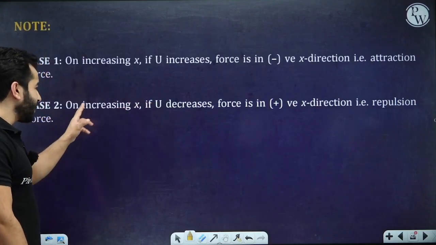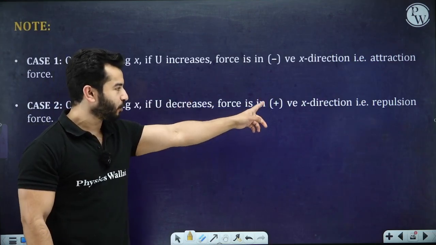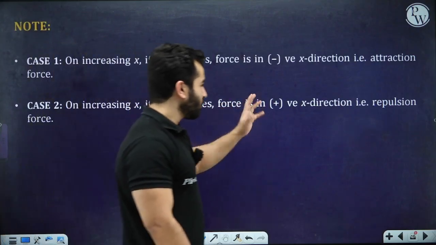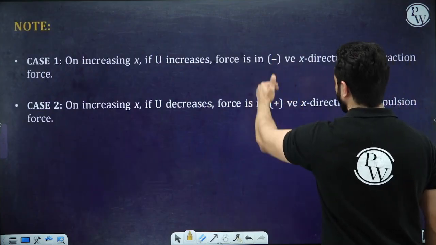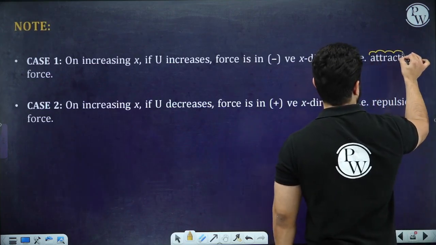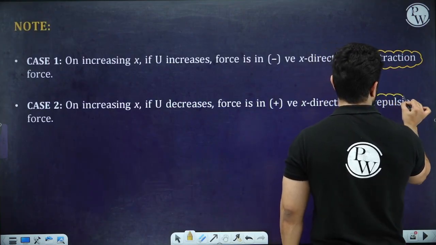Case 2 says, on increasing x, if potential energy decreases, force is in the positive direction, that is repulsion force, right? So for now, let's not worry about this positive and negative direction. Let's see whether they are talking about attractive forces or repulsive forces.